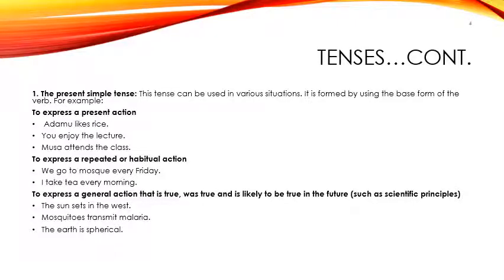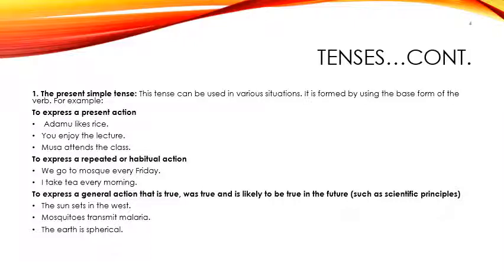The first one in the division of present tense is called present simple tense or simple present tense. This is used in various situations and it is formed using the base form, or to infinitive or bare infinitive form. Base form is simply the to infinitive or bare infinitive form.